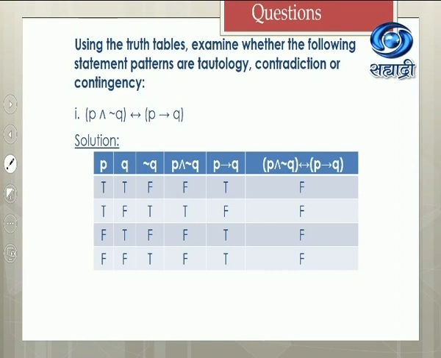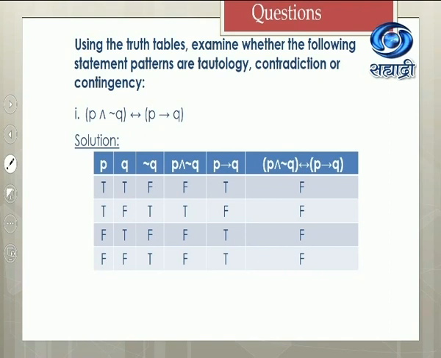Now you can observe that, like always, we are going to fill up P and Q: true, true, false, false, true, false, true, false. Negation Q. Then P and negation Q, that is first and third column. So we get false, true, false, false. And P implies Q is true, false, true, true. This is the column which we have from implication. Now lastly we want these two columns with double implication in between them.